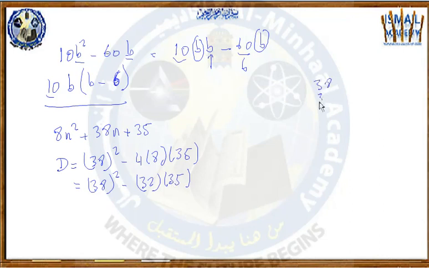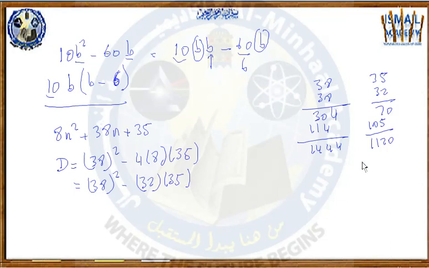I got 38 times 38, which is 1444. And 35 times 32 is 1120.